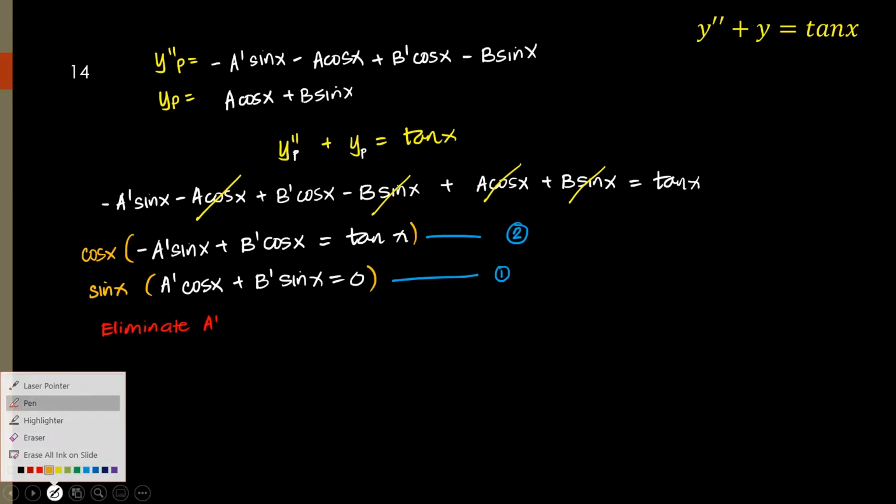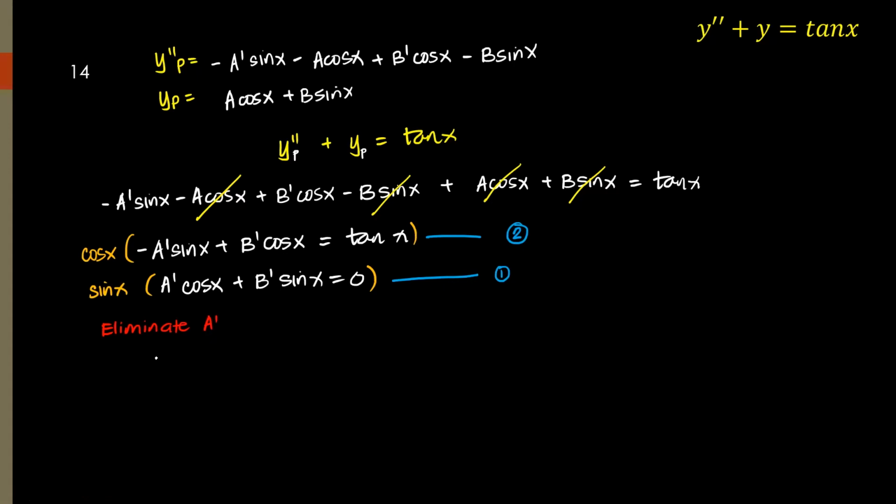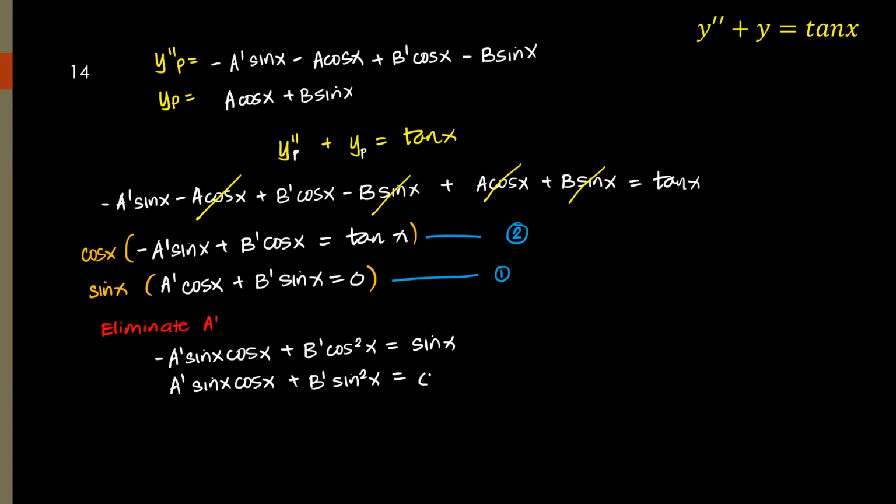Because this would give me negative a prime sine x cosine of x plus b prime cosine squared of x is equal to tangent, which is sine over cosine. Multiplying by cosine, you're just left with sine of x. And at the bottom, a prime sine of x cosine of x plus b prime sine squared of x, and then 0 times sine is 0.